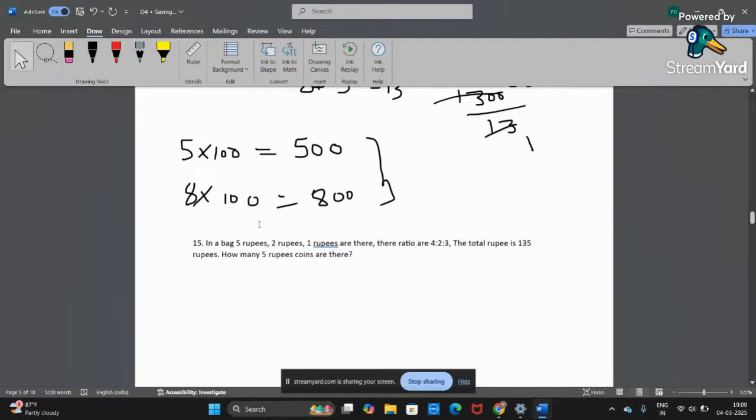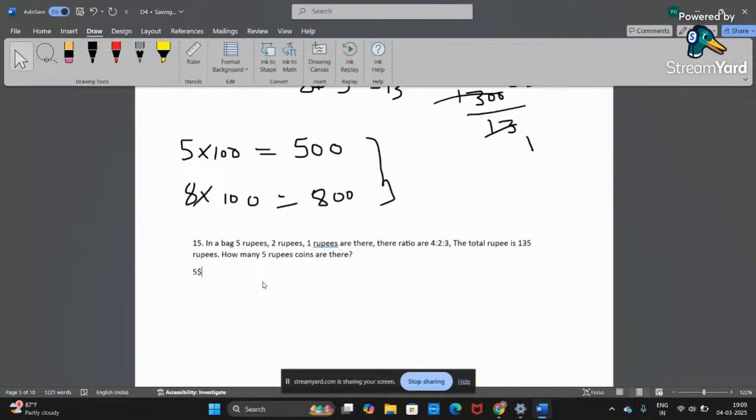Okay, now in a bag there is a 5 rupee coin. Let's write it as rupee. Let's take this dollar symbol as the rupee symbol.